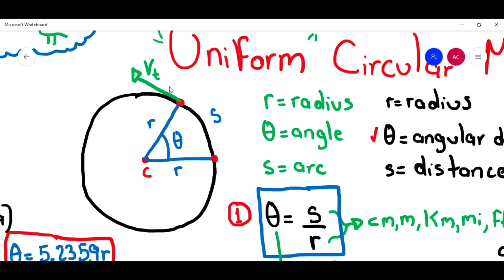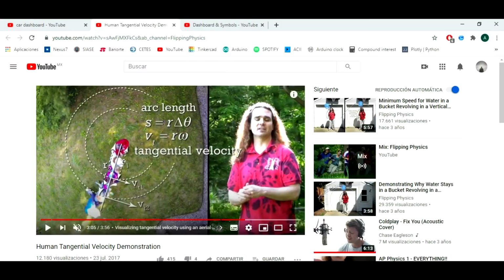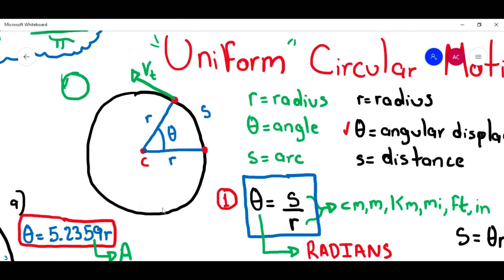If the stone is not attached anymore to the rope, it is not going to continue with that circular motion. Now that it's free, it goes in a linear motion. So this person over here is going to have a tangential velocity, and this person over here is going to have a different tangential velocity.